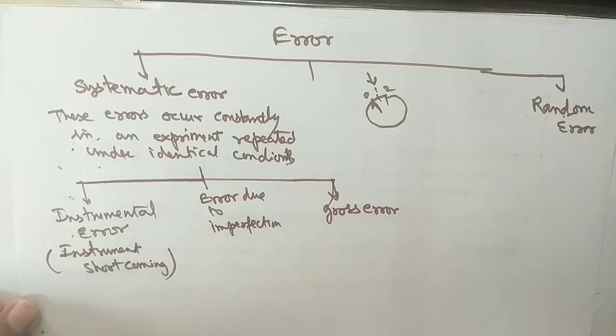The error due to imperfection means the setup is not adjusted properly. Suppose connections are not correct, or the leveling of the instrument is not proper, or the environmental condition is not correct.